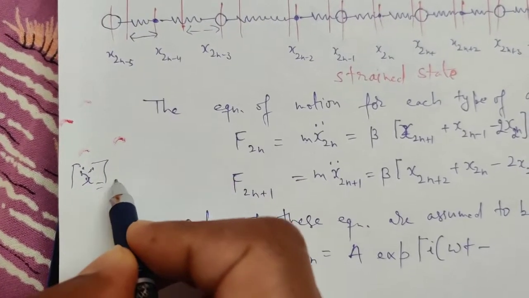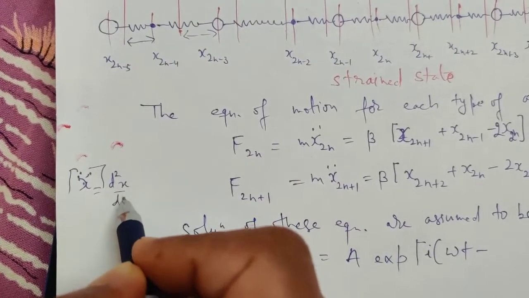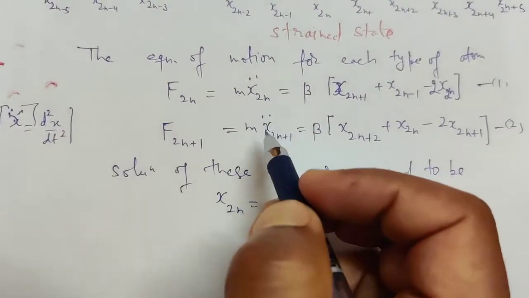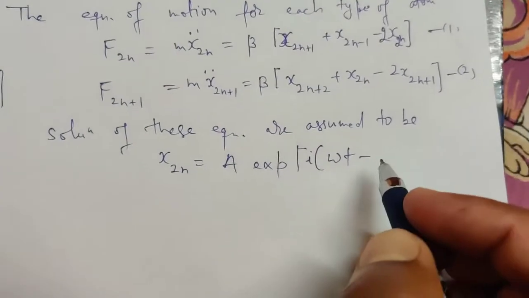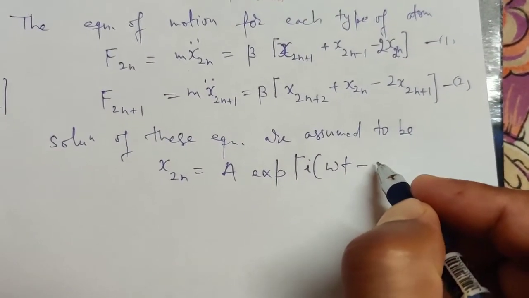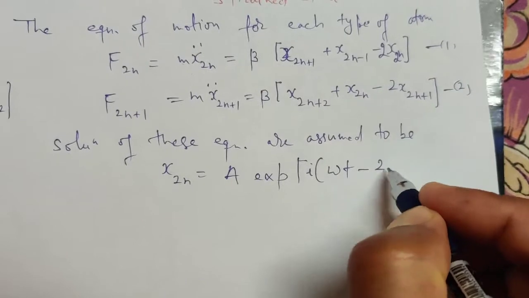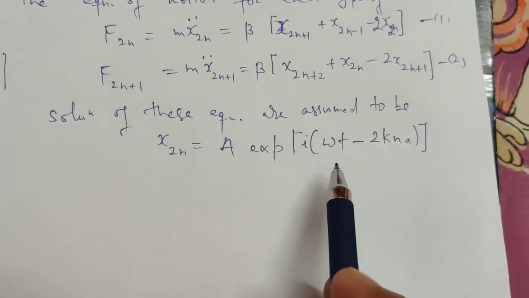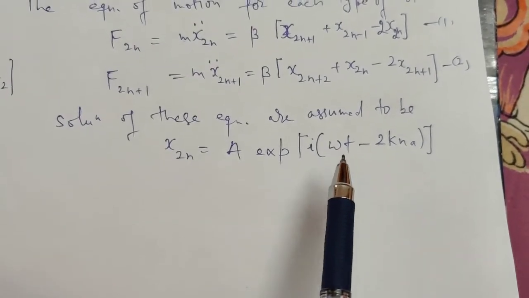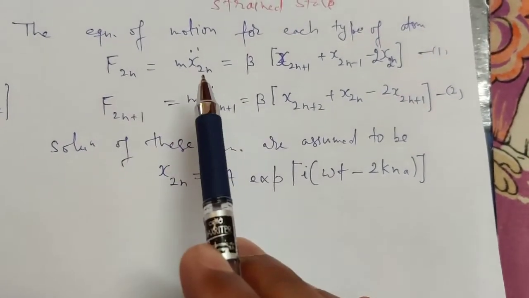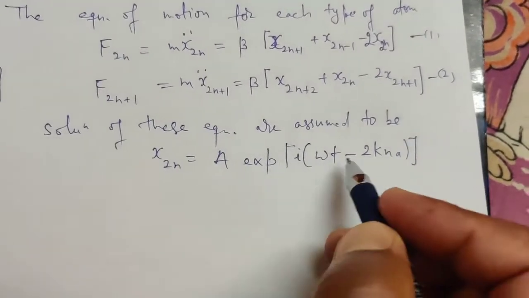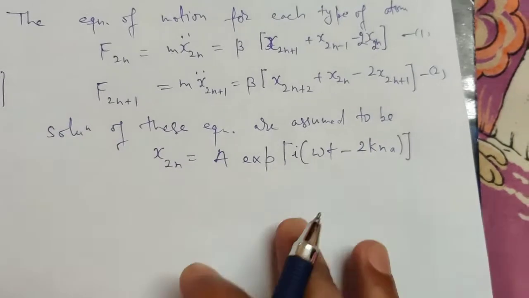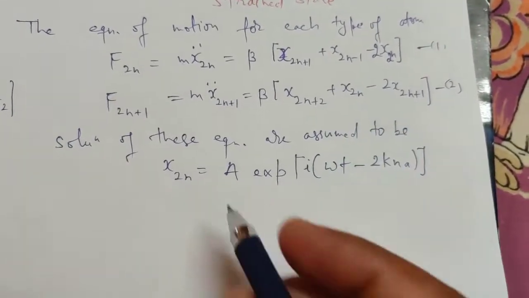Double dot means d square x upon dt square, that is, double differentiation with time. So this will be minus omega square, where omega is the angular frequency of the simple harmonic motion due to the displacement of x2n, k is the wave number, the propagation constant, and n is the numbered site.